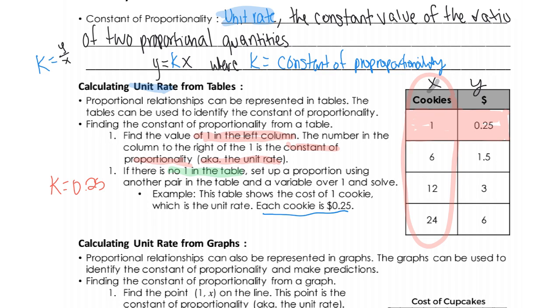We simply set up a proportion, or you can set up k equals y over x. We could have done our y value, 3, over our x value of 12, and still got 0.25. Either way works.